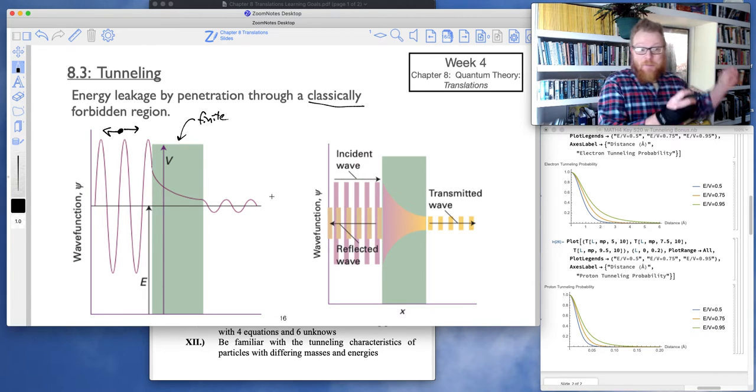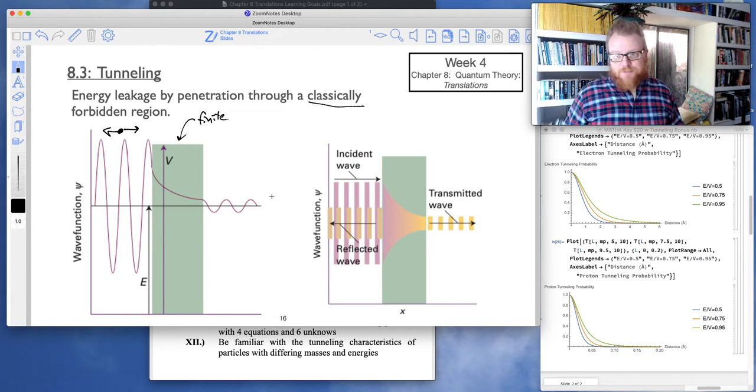If it just appeared on the other side, it will have tunneled. So that's what we mean by energy leakage by penetration through a classically forbidden region.